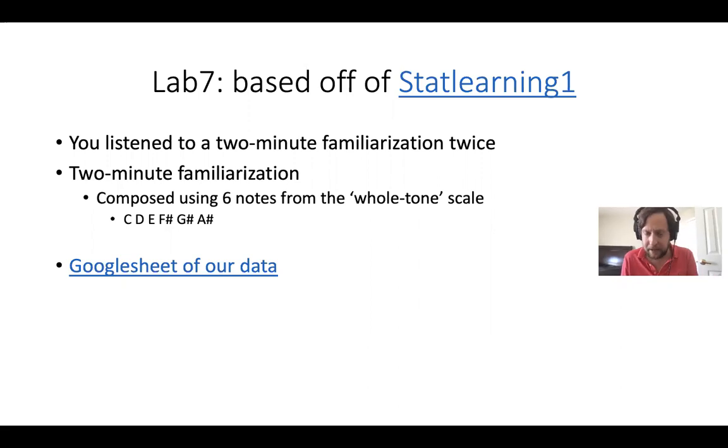So just like in Stat Learning 2, when you were performing lab 7, you had a 50% chance of getting the answer correct. Of course, you only performed 4 trials, so chance performance for you was 2. If you were guessing, on average, you would expect a person to get 2 trials correct. Because we had 4 trials, 50% chance on each trial, 50% of 4 is 2. That would be chance performance for our study.